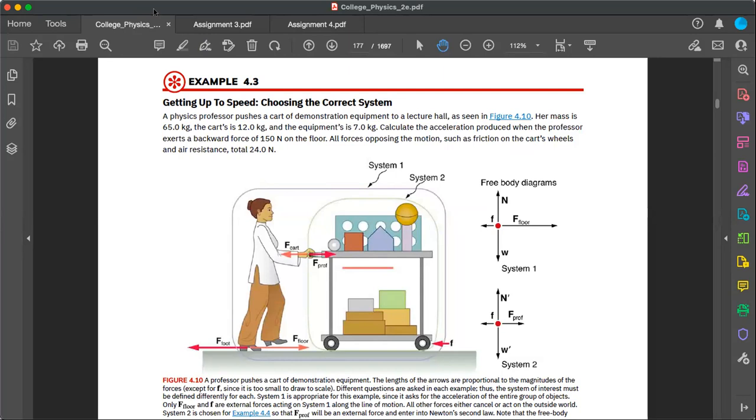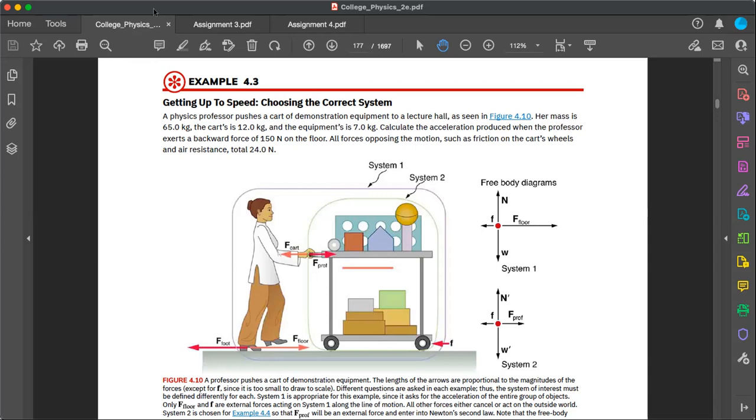Okay, so here is a good example. You see a person, a physics professor. She pushes a cart with some equipment, and we know her mass is 65 kilograms. The cart's mass is 12 kilograms, and the equipment mass is 7 kilograms.